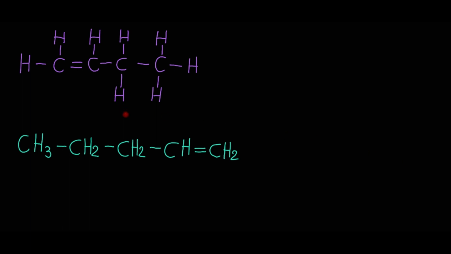What is important mo gore re nyaka go identify the longest chain, but that longest chain re nyaka gore e contain the double bond the closest. Let's see gore re dira bjang. Ge re counter these carbons, o mongwe a ka re this is 1, this is 2, this is 3, and this is 4.